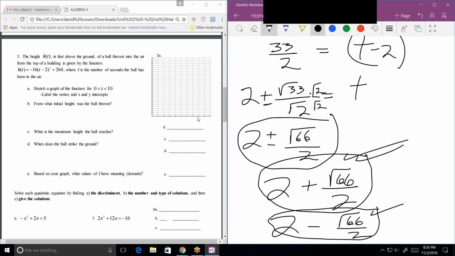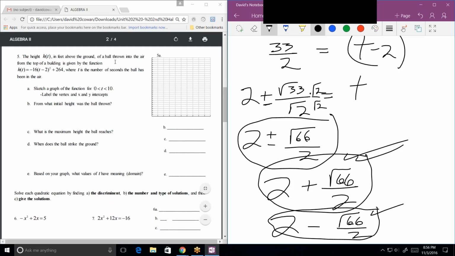What was the initial height that the ball was thrown? Hold on. A ball thrown into the air from the top of a building is given by the function. Well, I assume they meant that it's dropped from the top of the building as opposed to thrown up.